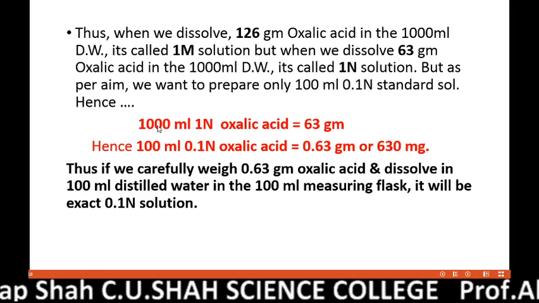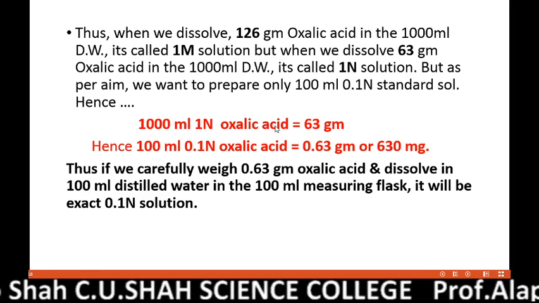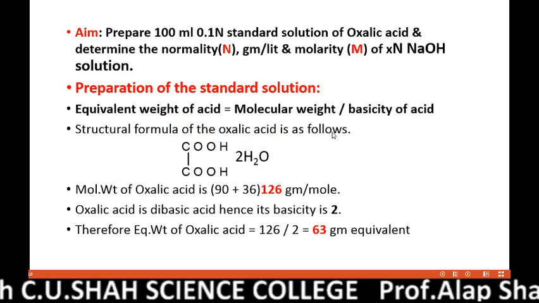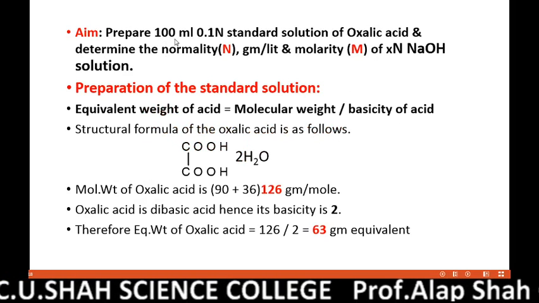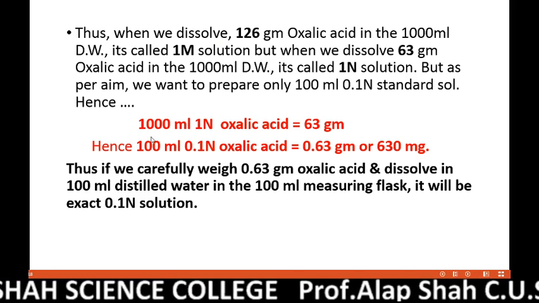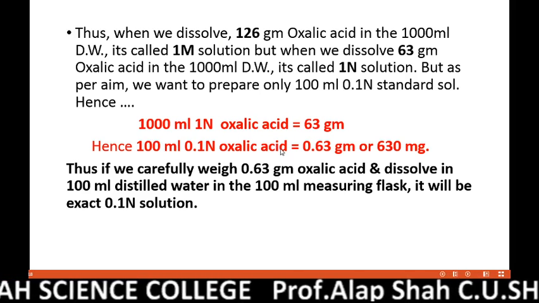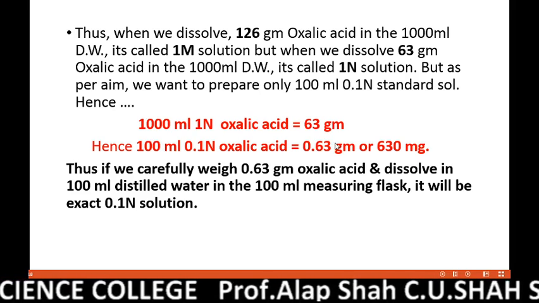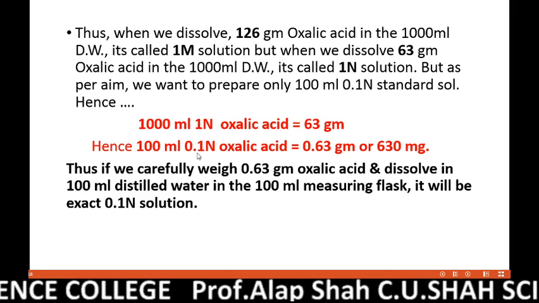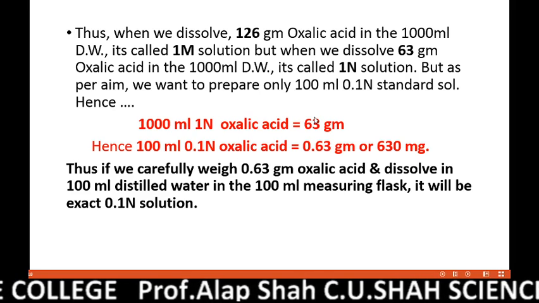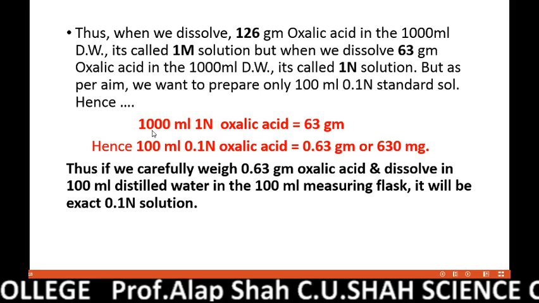If you want to prepare 1000 ml of 1 normal oxalic acid, you should dissolve 63 gram. But if you read the aim again, we want to prepare only 100 ml of 0.1 normal. So to prepare 100 ml of 0.1 normal oxalic acid, we require 0.63 gram. How can we calculate? It is simple mathematics: 100 multiply 0.1 multiply 63, divided by 1000.